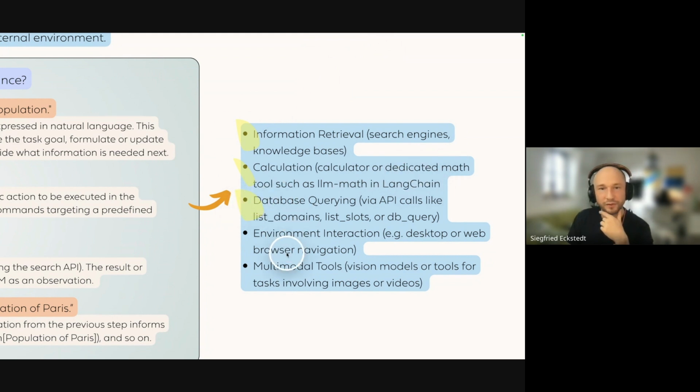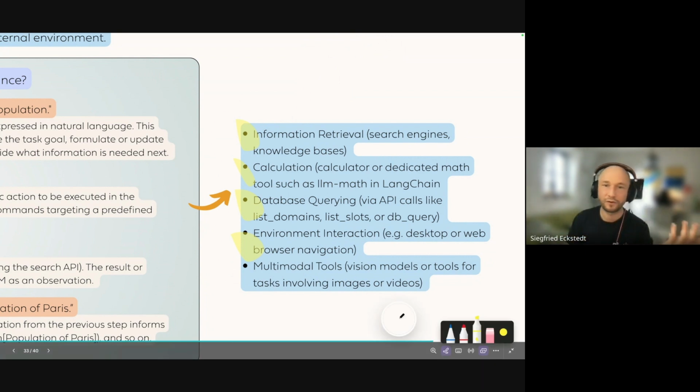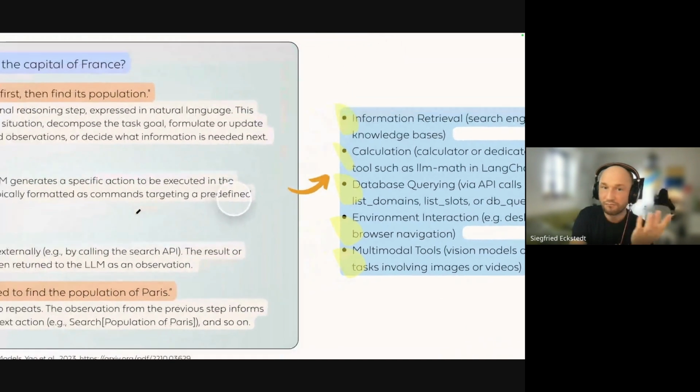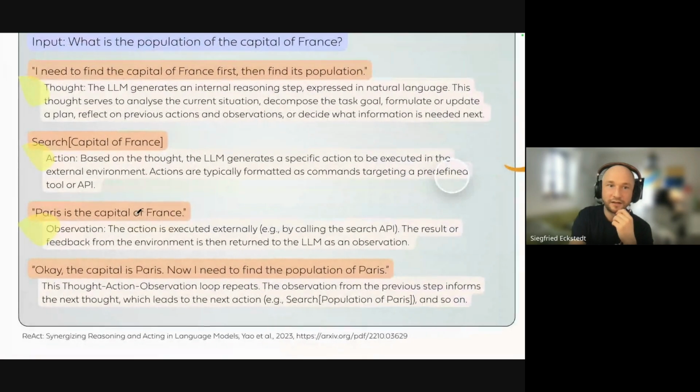It can be querying a database, it can be using an environment such as the desktop or web browser, or it can be using a vision model, or tools that involve reading images and so on. So this can be multiple, whatever the action is, but what's most important is that it derives the observation from it.